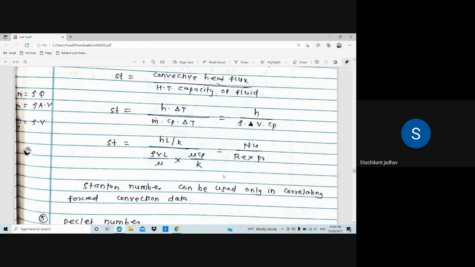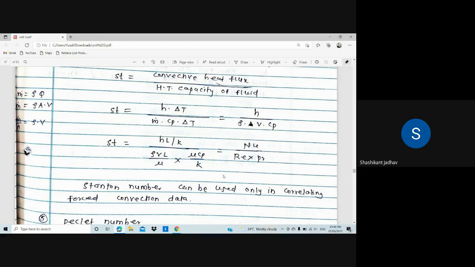So write down ST, that is Stanton number, is equal to convective heat flux divided by heat transfer capacity of fluid.